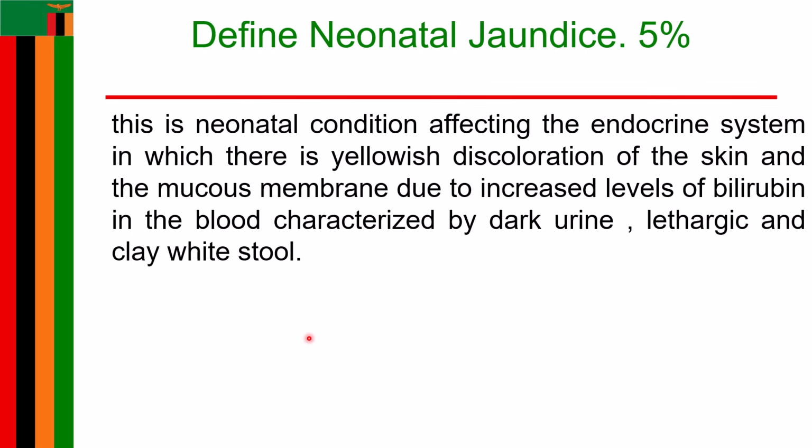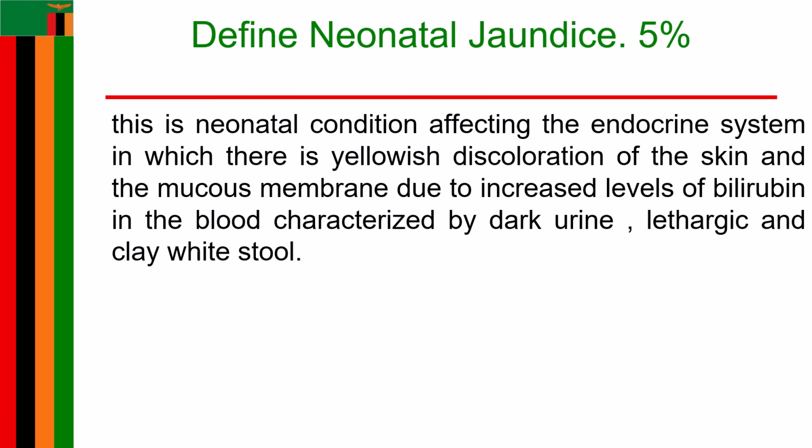Then apart from that, it is clear white stool. Again, when bilirubin is broken down by the body, the same bilirubin can be reduced to what is known as stercobilinogen. And stercobilinogen is what gives color to stool. But without stercobilinogen, it means that bilirubin is not being conjugated or broken down further.